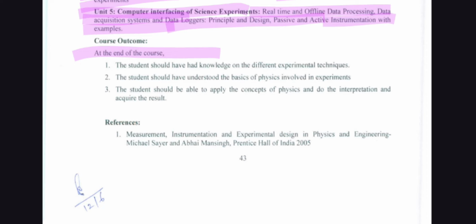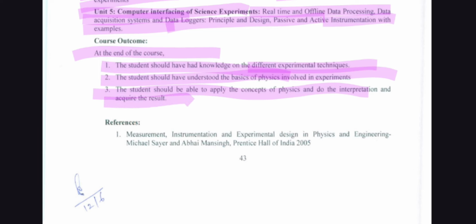At the end of this course, the students should have knowledge of the different experimental techniques. The students should have understood the basics of the physics involved in the experiment. The students should be able to apply the concepts of physics, do the interpretation and acquire the result.